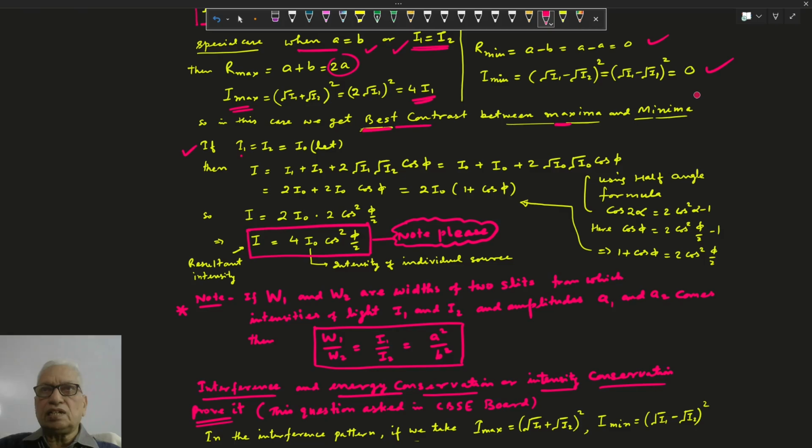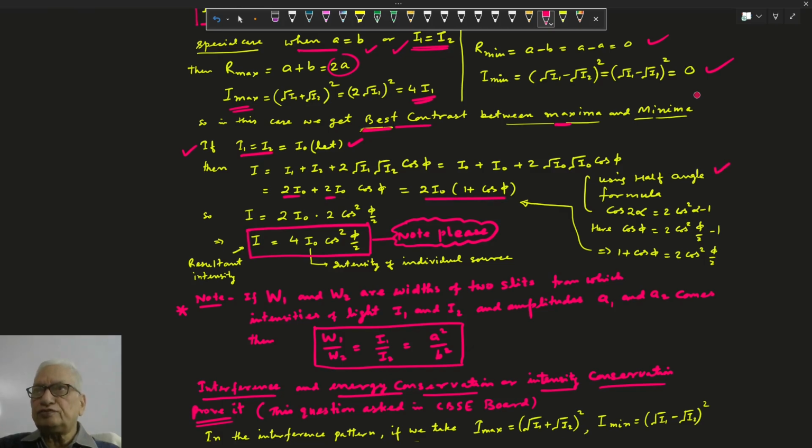Suppose we are taking i1 i2, they are same. Let I naught in this formula here, i1 plus i2 2 root i1 i2 cos phi. i1 i2 का हमने i naught लिखा तो i naught plus i naught 2 root i naught cos phi. यहाँ पे हमने 2 i naught कॉमन ले लिया, ये आ गया.